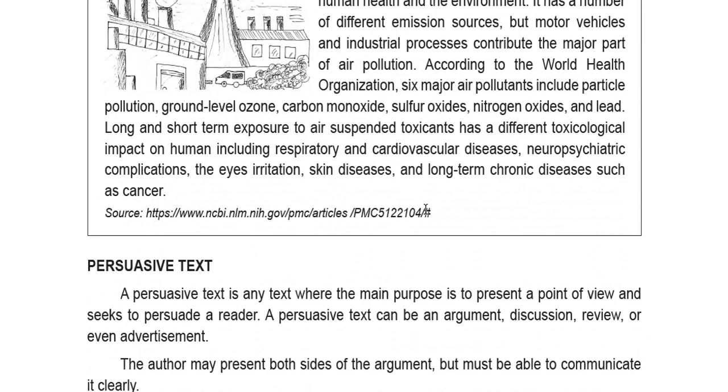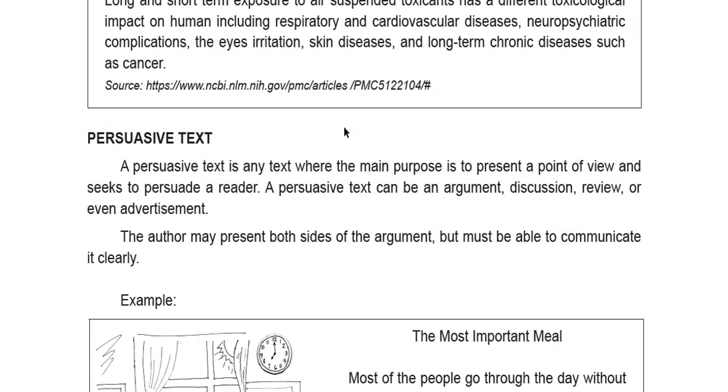Okay? Next, the last one, we have here persuasive text. A persuasive text is any text where the main purpose is to present a point of view and seeks to persuade a reader. When we say persuade, it is the action or fact of persuading someone to do or believe something.